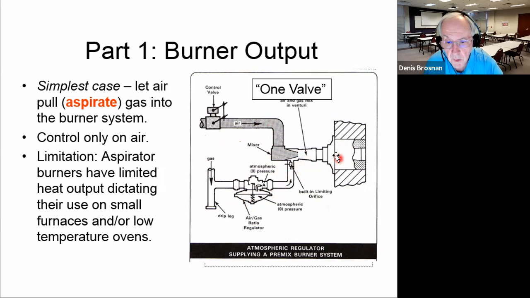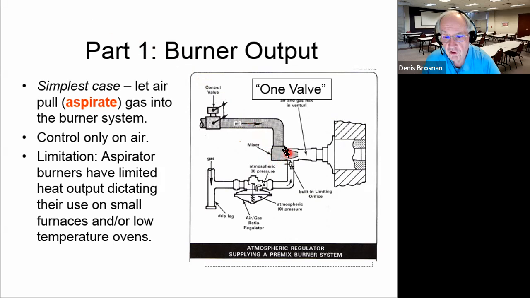And so given the correct pressures, then you are using the air to drive the burner output. You're going to see a lot of this today. Why are we doing that? Well, for one thing, it's really easy to control the air with a curtain valve or some other type of valve.